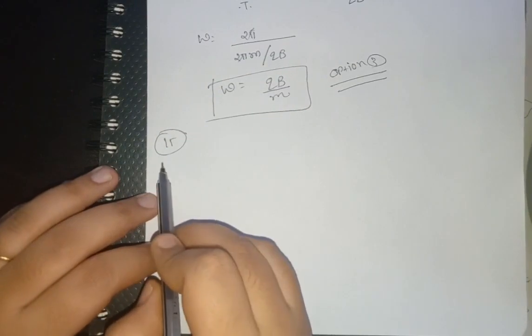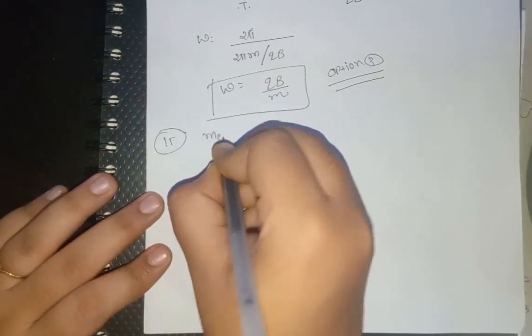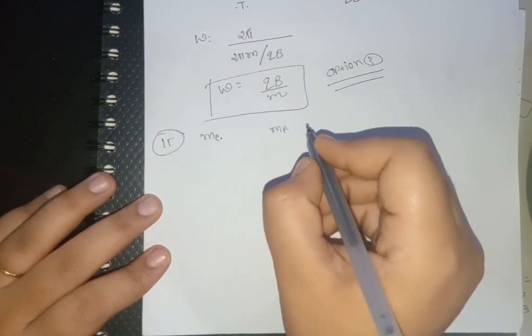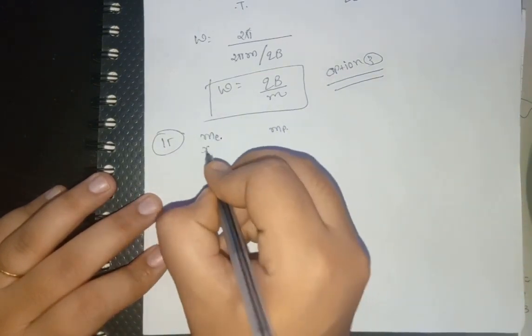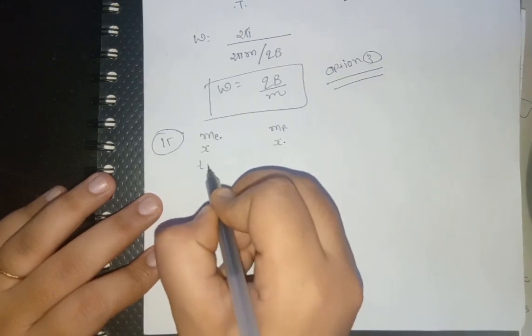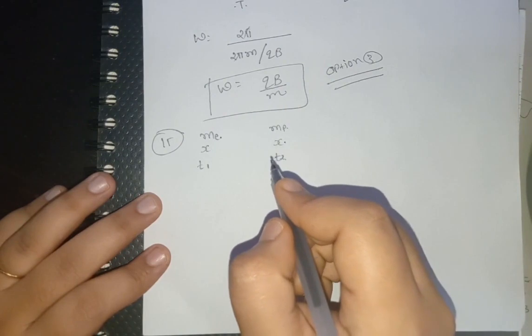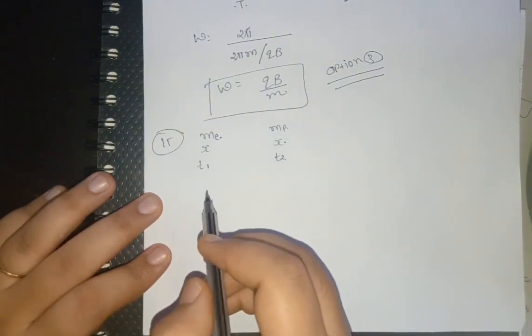In question number 15, it is given that an electron of mass me and a proton of mass mp initially at rest move a certain distance in a uniform electric field. Let's say they both move distance x, and time taken by electron is t1 and time taken by proton is t2. We have to neglect the gravity effect. We want to find the acceleration.